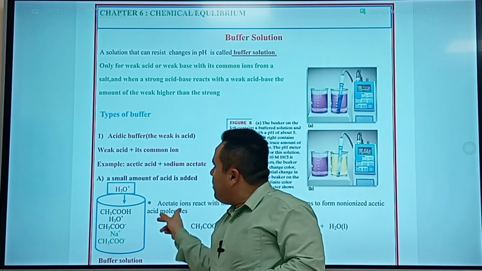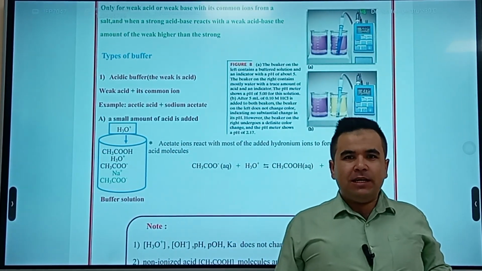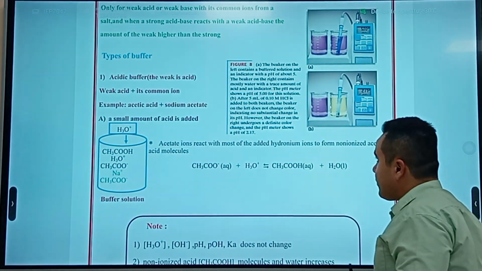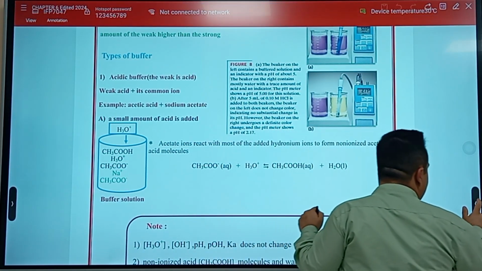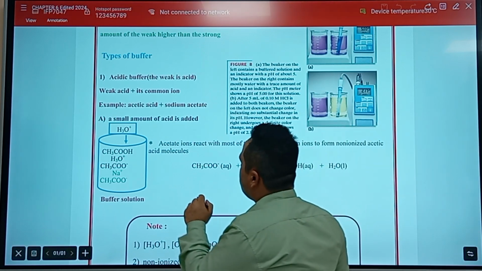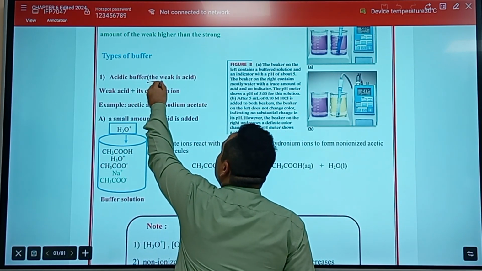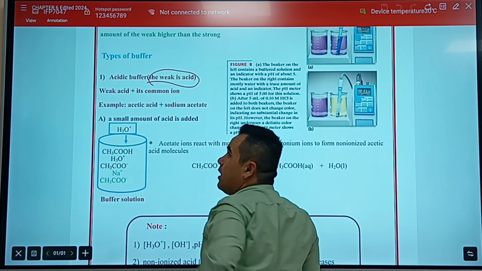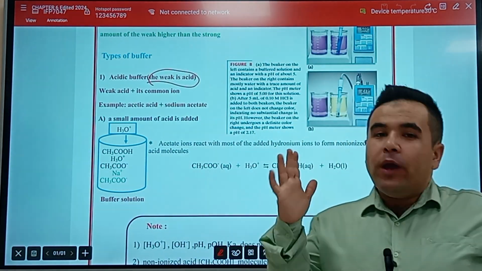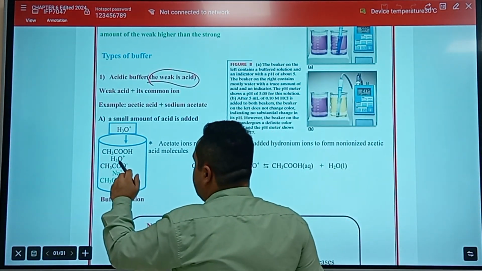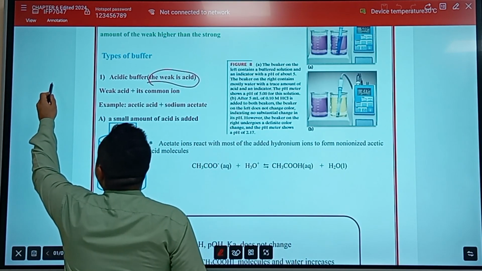The types of buffer in terms of acidic and basic. What do we mean by acidic buffer? We have two types of acidic and two types of basic. By acidic buffer, we mean the weak side, the weak with the salt, is a weak acid. In this case, we have two parts.